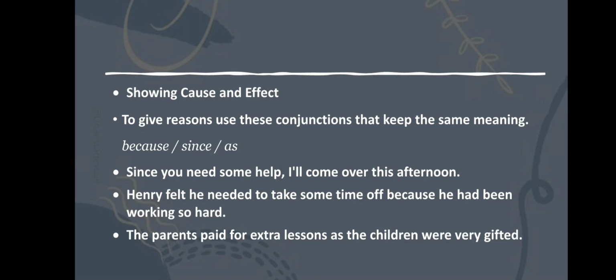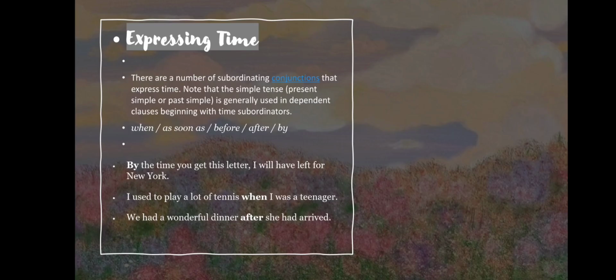Okay? And well, as you can see, another use, which is expressing time. As you can see, there are a number of subordinating conjunctions that express time. For example, when, as soon as, before, after, and also by, right?